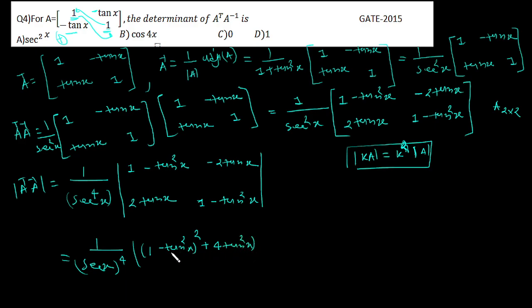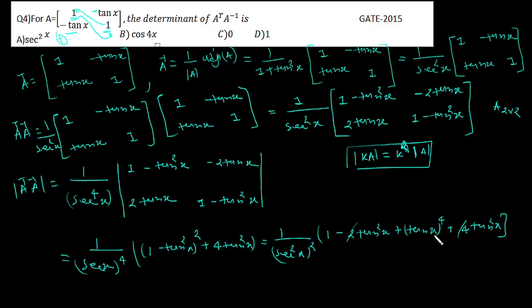Now expand this square, so we are getting simply 1 minus 2 tan square of x plus tan of x raised to 4. We already have 4 tan square of x there. Now you can see the 2 tan square of x is cancelled from here, so we get 2.